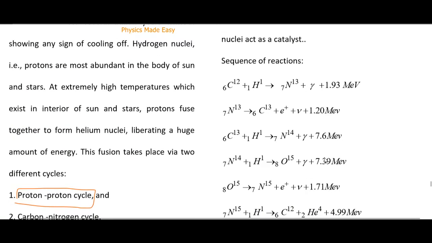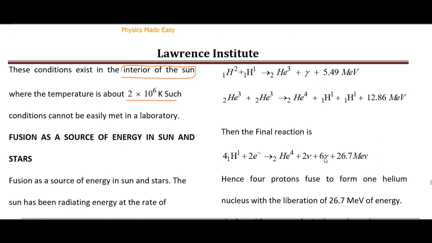For example, deuterium combines with a proton to form 2He3 with 5.49 MeV, and two 2He3 combine to form a helium plus 2 protons. 12.86 MeV energy is released.